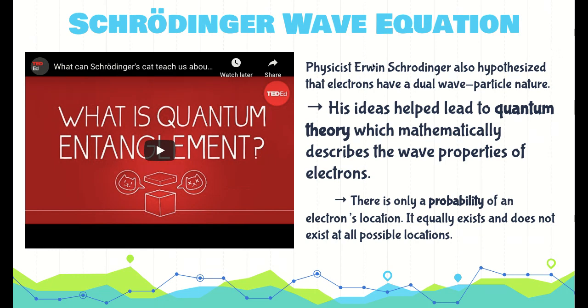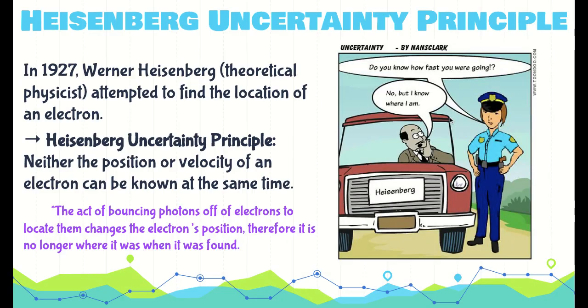So here we talked about the quantum theory, and then we know with Heisenberg that there's only a probability, or a guess, of where an electron might be located, and that it can equally exist and not exist at all possible locations. Heisenberg's uncertainty principle was that we can't know where an electron is and how fast it's going at exactly the same time.